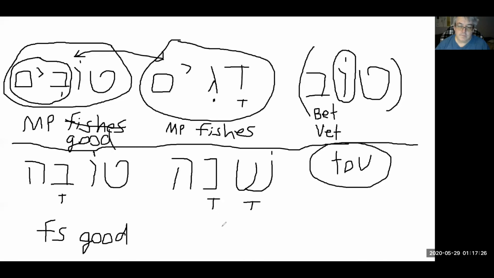And here we have shana, which is the word for year. Shana tova, right? You get that ah ending. It's a feminine ending for feminine singular. So here you see the word tov in the masculine singular form.